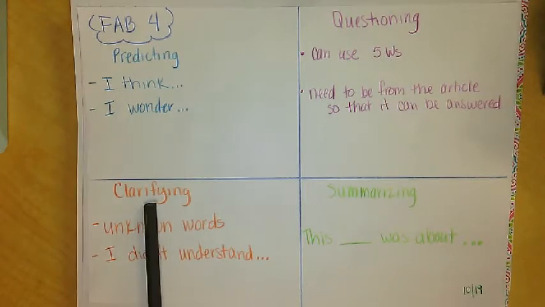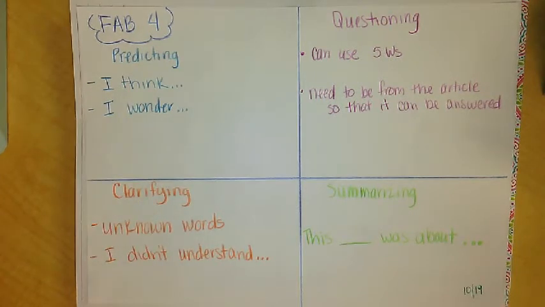Clarifying is exactly what it sounds like. Anything that you were unsure of, if you come across a word you don't know, or if you come across an idea that you're unsure what it means, you're going to write those down, or you're going to write down, I didn't understand, some of the words I didn't know are, etc., etc. And if they are words that you don't know, I want you to underline those in the article if you've printed it out.